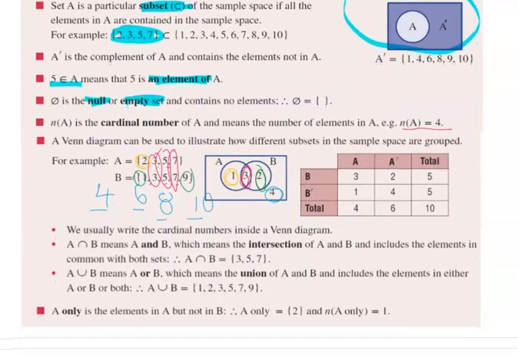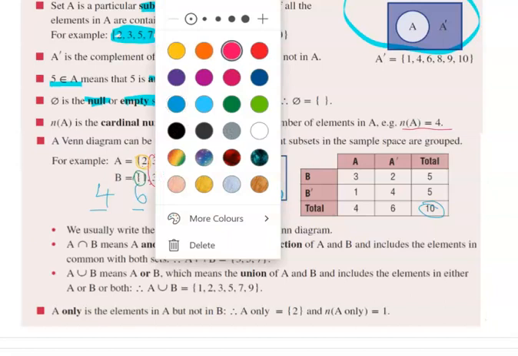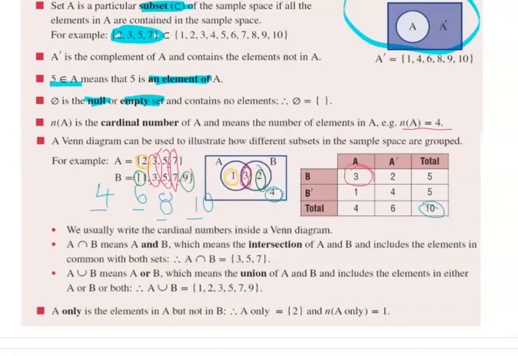So we usually write the cardinal numbers inside a Venn diagram. So our total numbers, so there were 10 total numbers. The total that were in A and B, so those are the ones we circled pink. The total number that were in the whole circle of A is 4, so that whole circle.